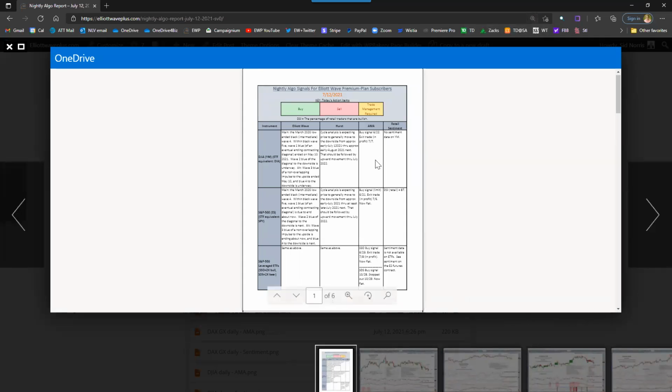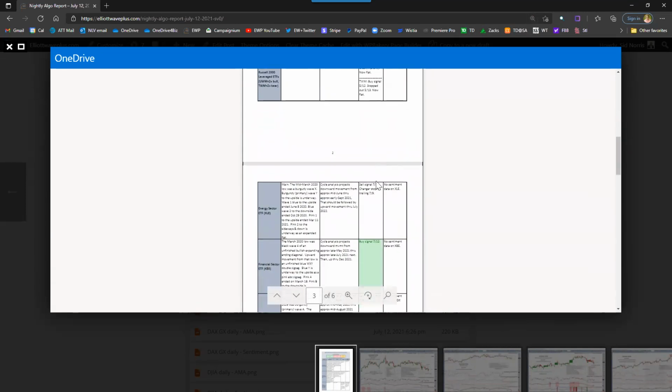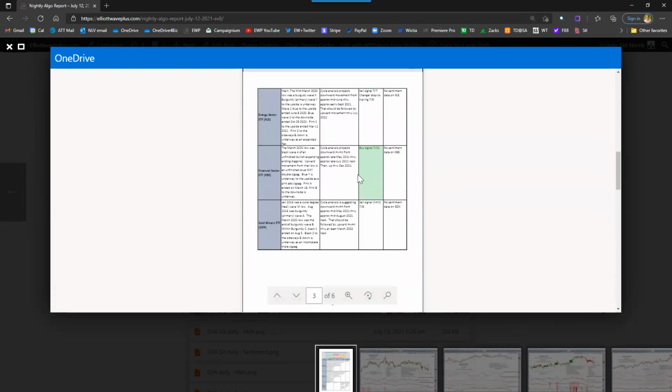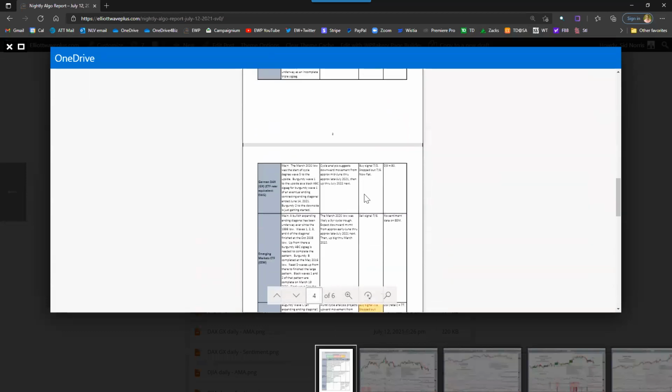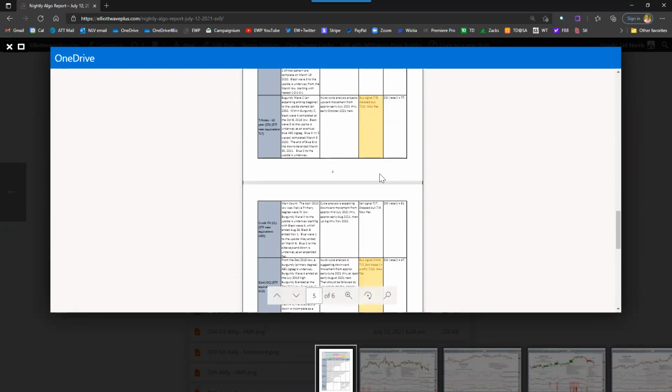And so this PDF color codes where any activities might have occurred. So there was a buy signal tonight on KBE, the banking sector, that just hit. There was a signal to exit because we got stopped out of a buy signal on the 10-year bonds tonight.